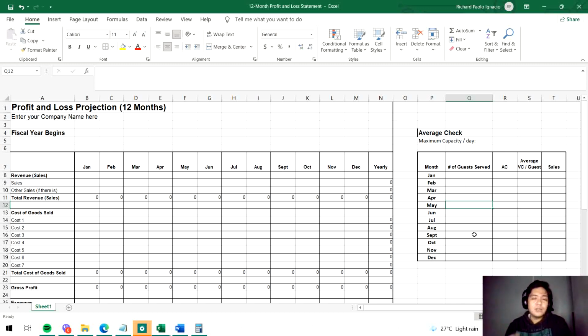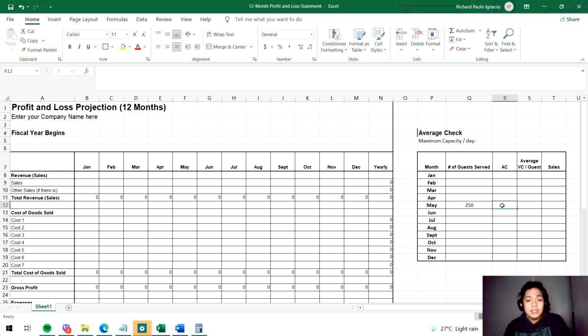So, mga June, July, August, dami ang number of guests nyo. So, let's say, for example, by May, kaya nyo mag-accommodate ng 250 guests. This is just an example, ha? 250 guests ang assumption natin na number of guests served natin sa month ng May.